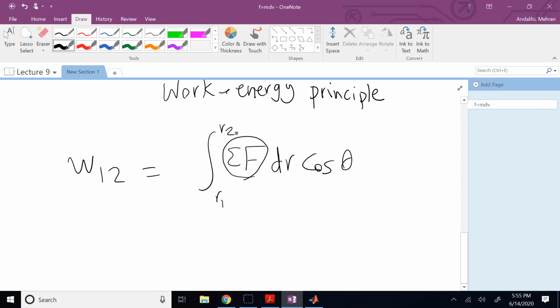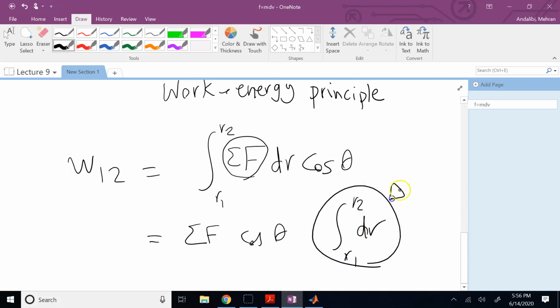Now, if this summation of the forces does not change along the path, as you move from one position to the other, the forces are not path dependent, I can take them out. And if cosine of theta is constant, in other words, the angle between the path and the force does not change, that also can come out. So you're going to get summation of force times cosine of theta, times the integral of dr from R1 to R2, and guess what this one is?